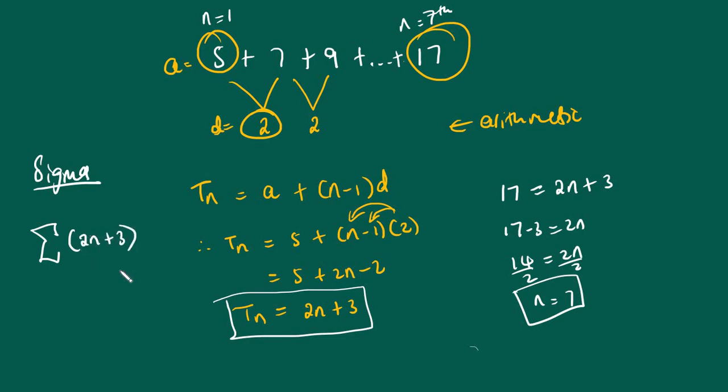The 2n plus 3 gives you the terms in the series. Now you must add those terms from the term that starts in the first position to the term that ends in the 7th position. That is what we are saying there. It's another way of saying this.